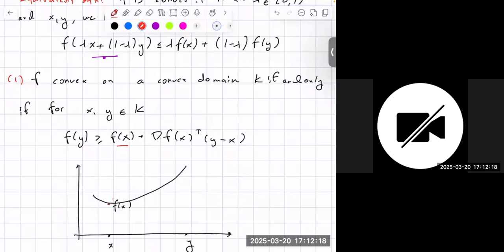Here's my point y. I'm going to take the gradient direction and go in that direction this much, like here. That will always be below what the function gives for y. So this is f(x) plus the gradient term. The slope-based estimate, going in that direction, always stays below your function. That's what convex means.